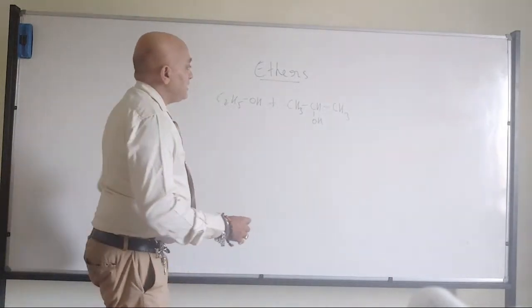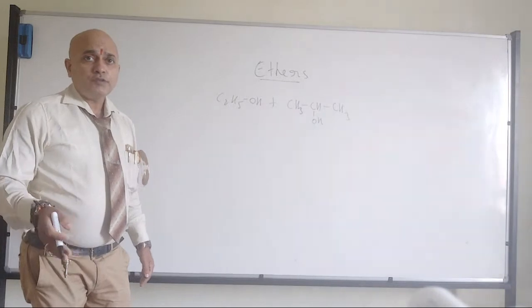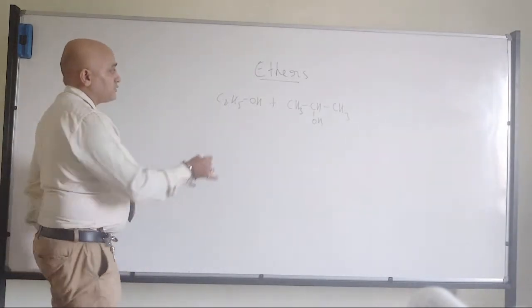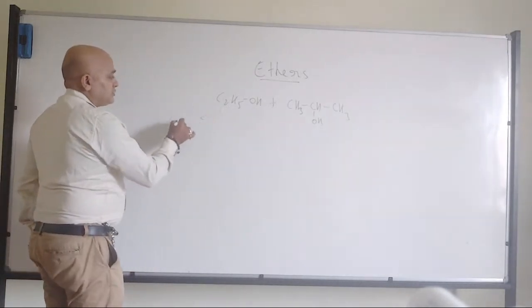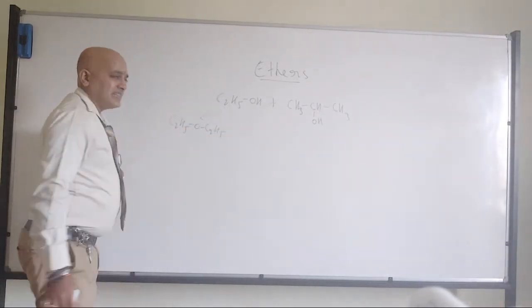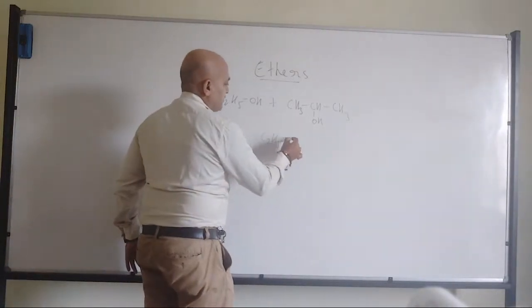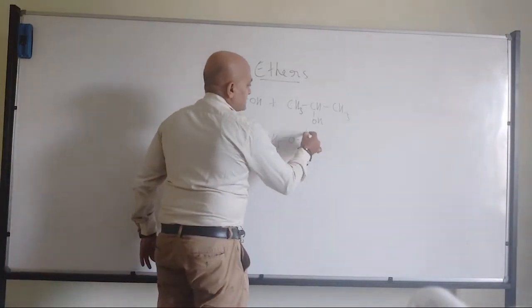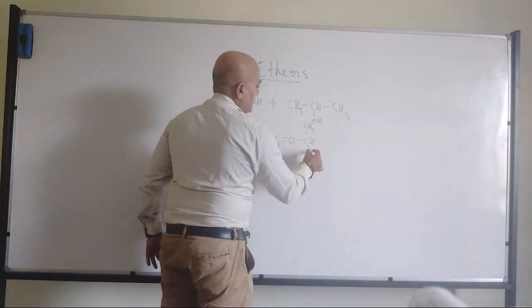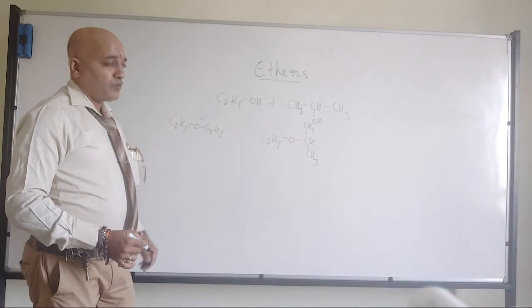Now the problem here is I will have a mixture of products, not one product. One will be C2H5OC2H5. That will be one product. And another product will be C2H5OCH3 and CH3.